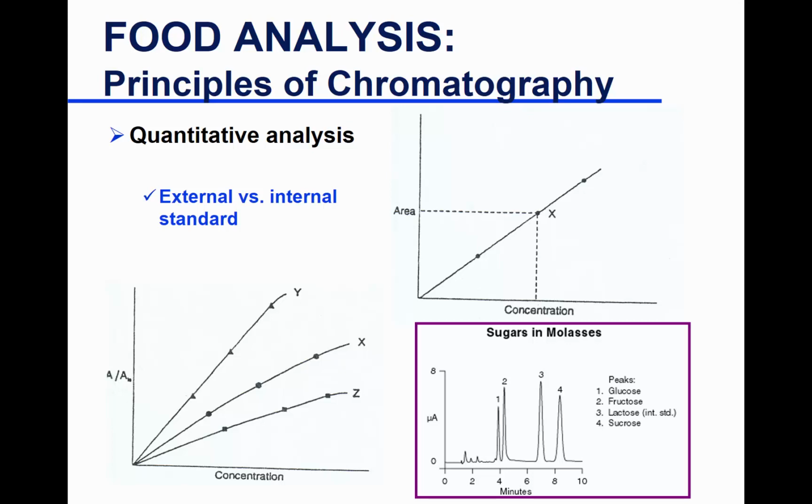If you were to add an internal standard, you would add it to your sample, and you add it to your standards as well. And that internal standard is going to go through the same process as your sample. So if you lost some sample, if you had some error and had some losses, that is applied to the internal standard as well.